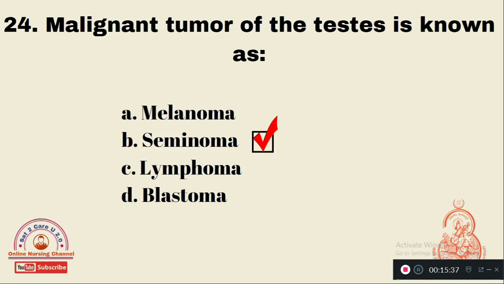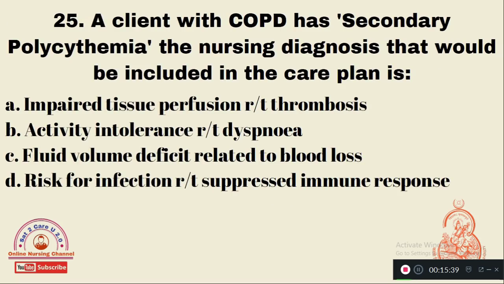Question number 25. A client with COPD has secondary polycythemia. The nursing diagnosis that would be included in the care plan is option A, impaired tissue perfusion related to thrombosis. Option B, activity intolerance related to dyspnea. Option C, fluid volume deficit related to blood loss. Option D, risk for infection related to suppressed immune response.